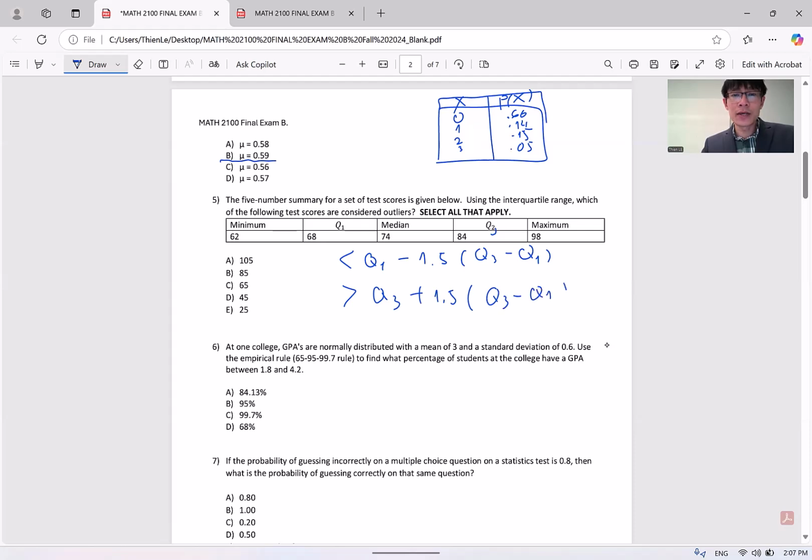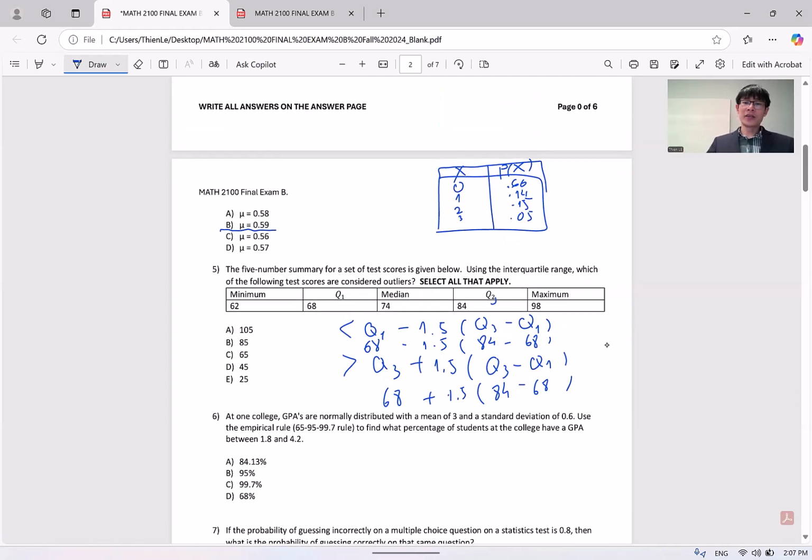If you plug in, Q1 is 68 and Q3 is 84. So this gives the lower cutoff and the upper cutoff.